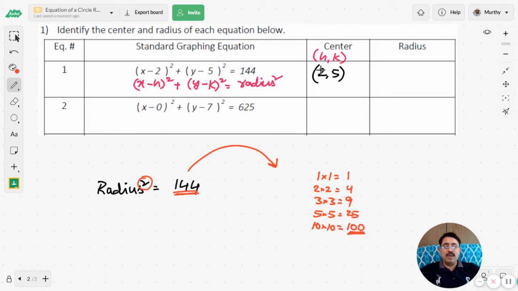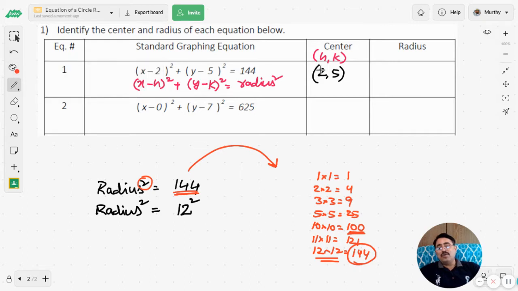We are coming close to 144. 11 times 11, you may make use of a calculator. 12 times 12, 144. So I see that radius square equals 144 may be written as 12 times 12, which is 12 square, right? Now, if you cancel out the square on both sides, then the value of radius equals 12.